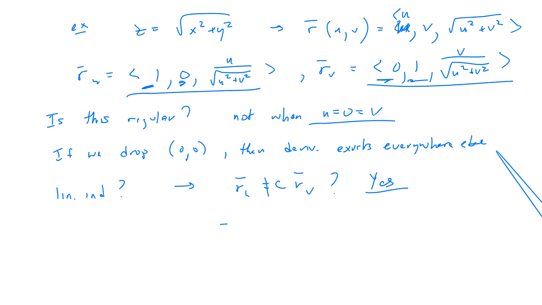Since they're not parallel, when we take the cross product, we get a third vector. So if we take the cross product and don't get a 0 vector, that also tells us they're linearly independent. Obviously, that's more work, but as I said, tomorrow we'll see that in some cases we're going to want to take the cross product anyway, so we might as well do it as part of this.